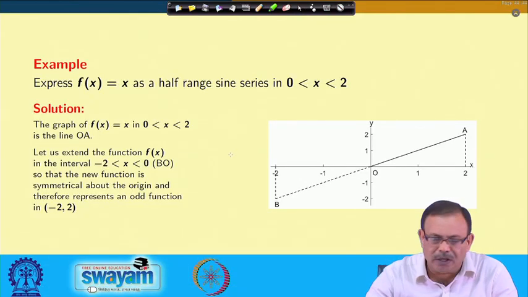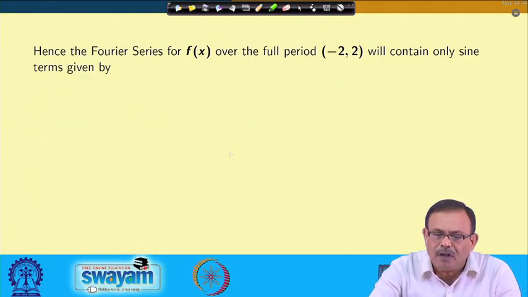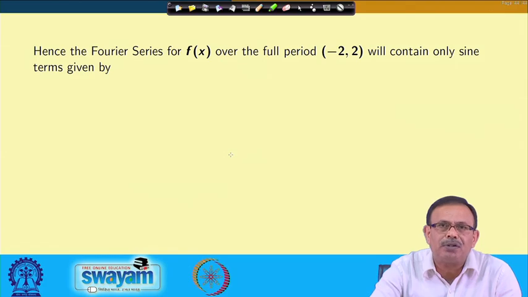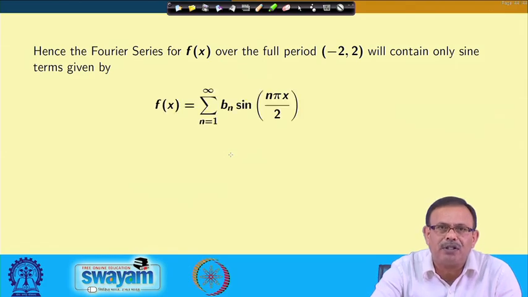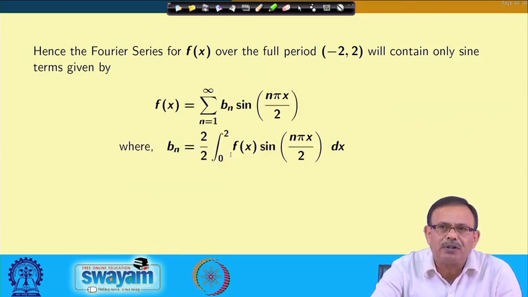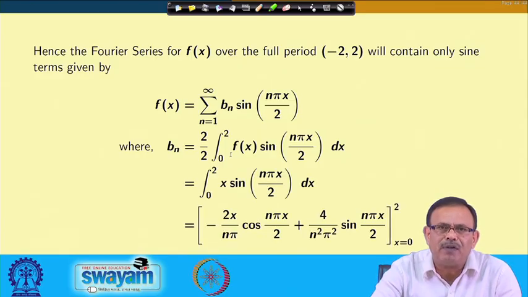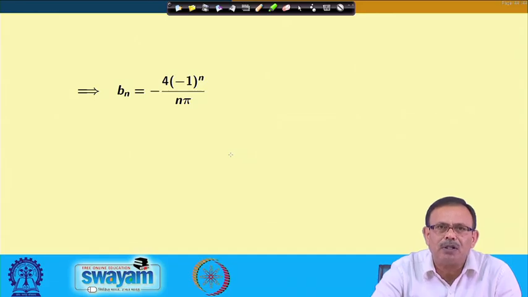So, once we have done it, f(x) in the full period minus 2 to 2 will contain sine terms, as I told. And b_n is 2 by 2 because L is here 2. If you calculate the value you will obtain b_n equals minus 4 into (minus 1) to the power n by n pi.